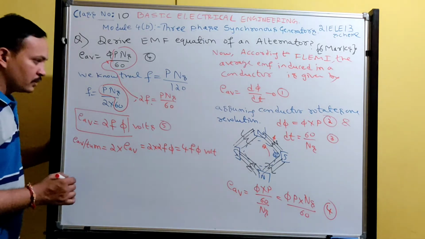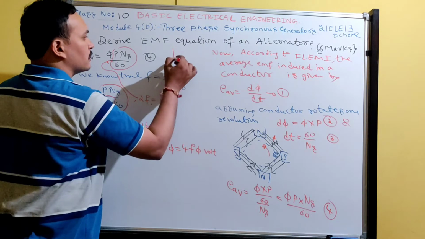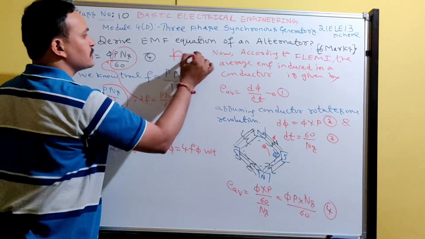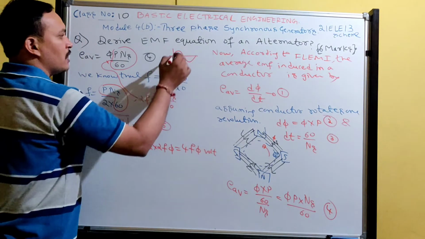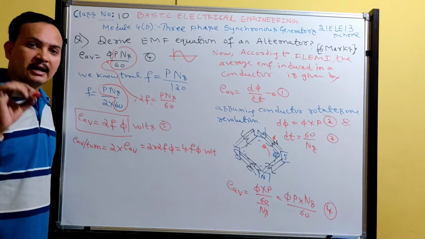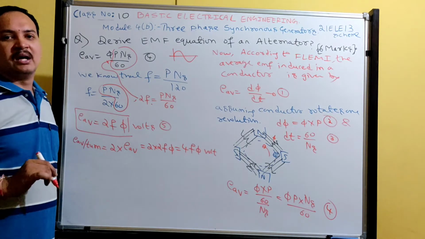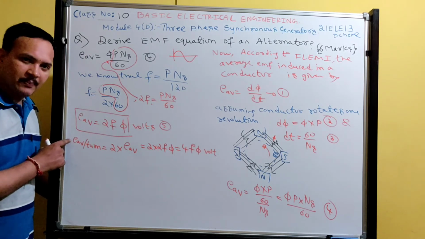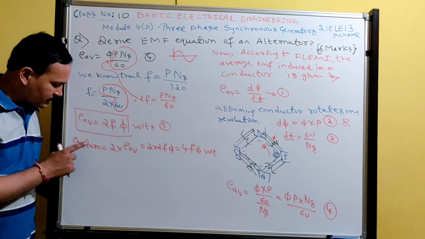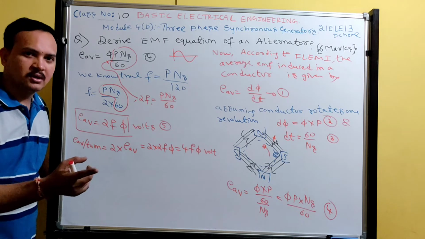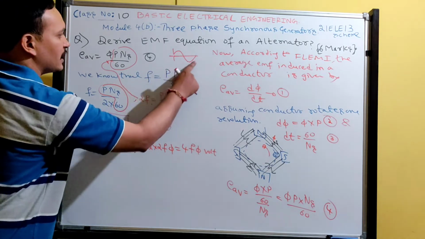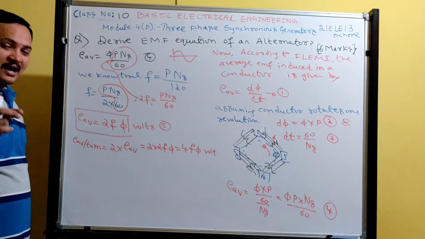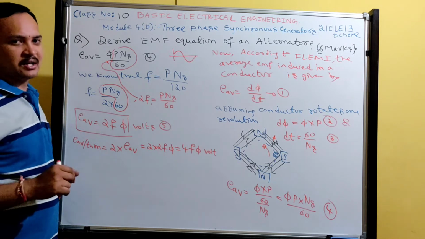Now, in an alternator, the induced quantity is AC. All AC quantities are represented by RMS value, and DC quantities by average. I have represented it in average, and I want to convert this average into RMS. For a pure sine wave, to relate RMS and average, what is the factor we know?